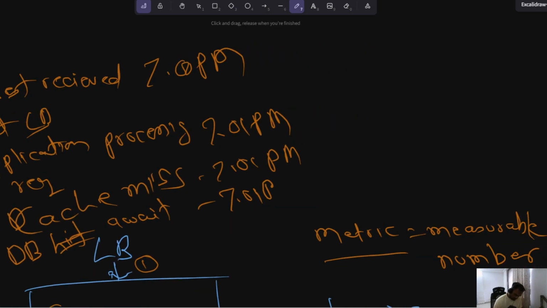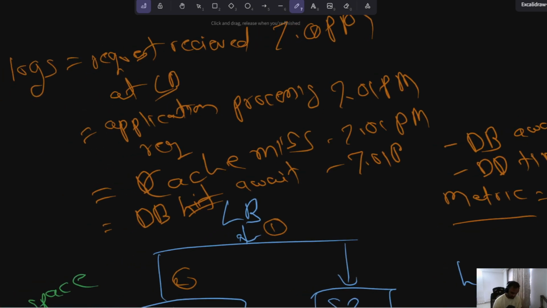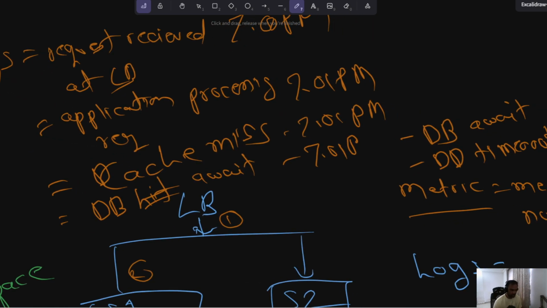And say we get another DB await at 7:01, then a DB timeout at 7:02. So these are essentially lines which are printed about what the application is doing at that point in time.